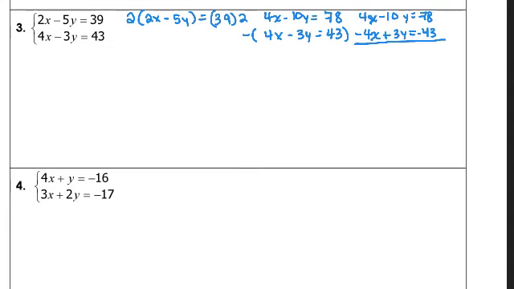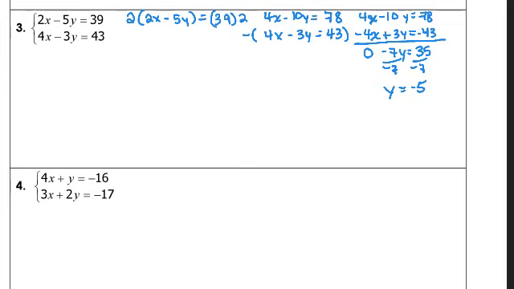And now the x variables eliminate each other. I'm left with negative 7y equals 35, positive 35. And I divide both sides by negative 7, and y is equal to negative 5.